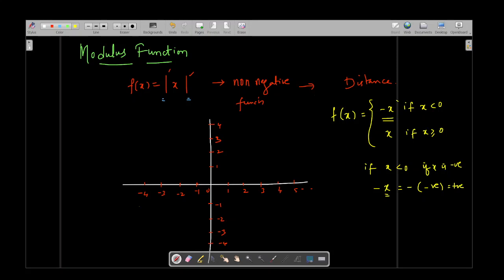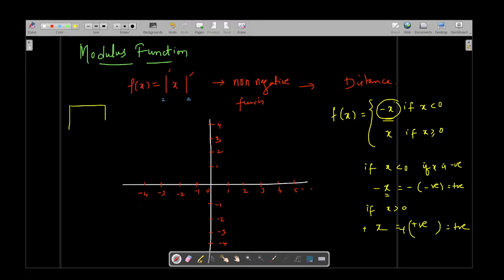So it turns every negative value into positive. Similarly, if x is greater than 0, I am using the function plus x. Since x is positive, positive times positive gives positive. So every time this function will give you a positive answer.